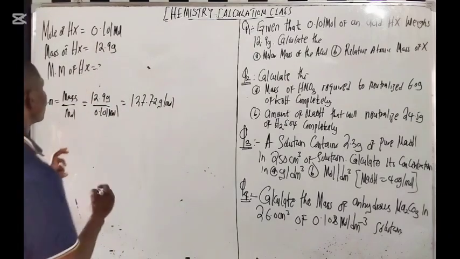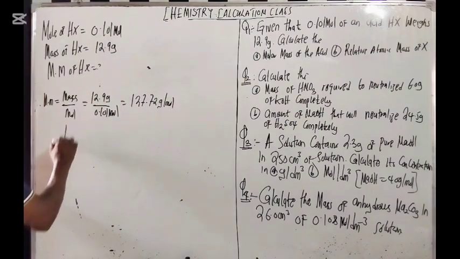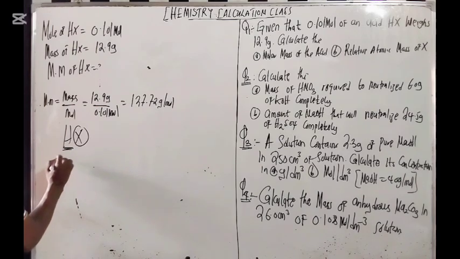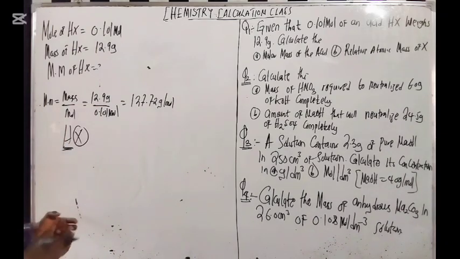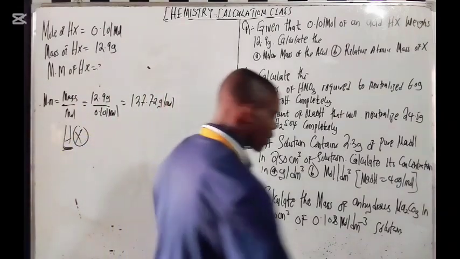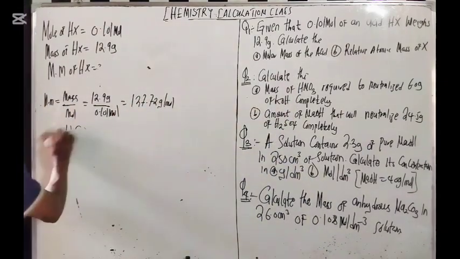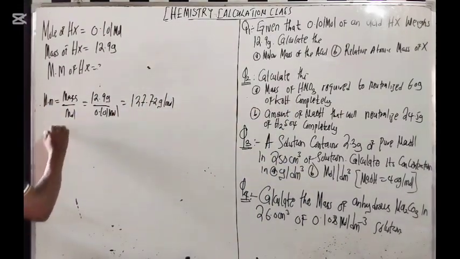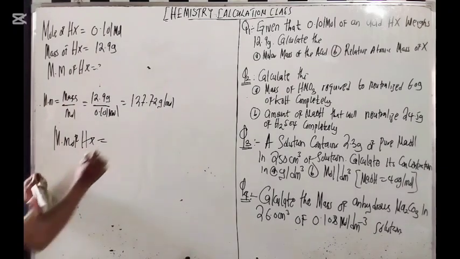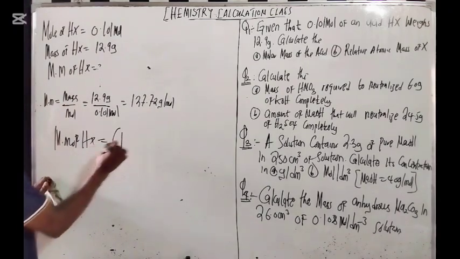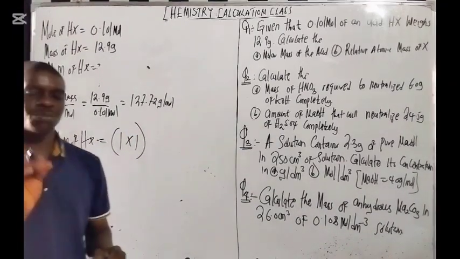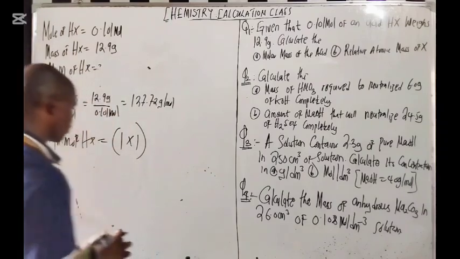So look at something here. What is the relative atomic mass of X? We know that the relative atomic mass of hydrogen is 1 gram per mole. Remember, you want to calculate the molar mass of this compound. The molar mass of HX is equal to the atomic mass of H times the number of atoms of H, plus X times 1. I've done a complete video on how to calculate the molar mass of compounds, so please check out that video.